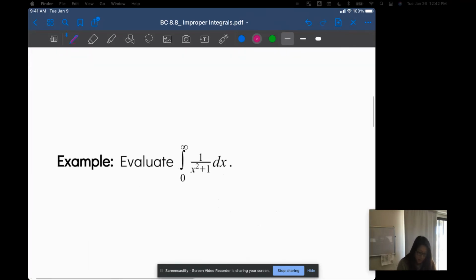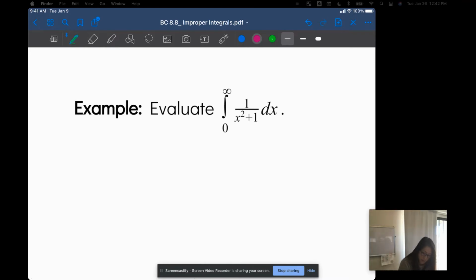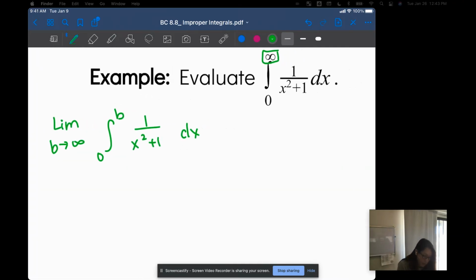We have an upper bound of infinity. So I'm going to set up my upper bound as b. My lower bound is 0. So the limit as b goes to positive infinity of 1 over x squared plus 1 dx. And I am going to go ahead and take the integral, which I notice is 1 over x squared plus 1.